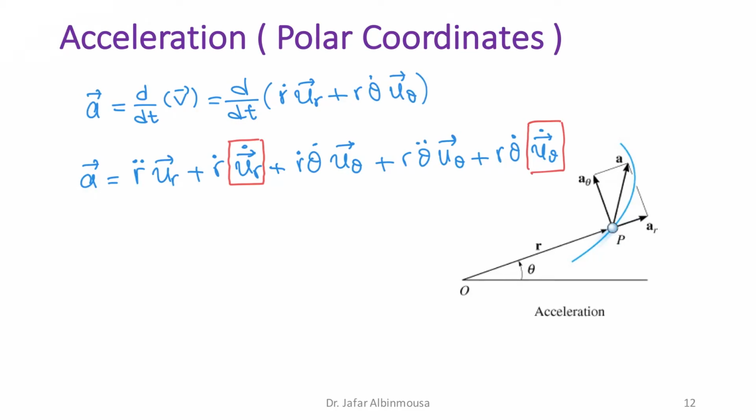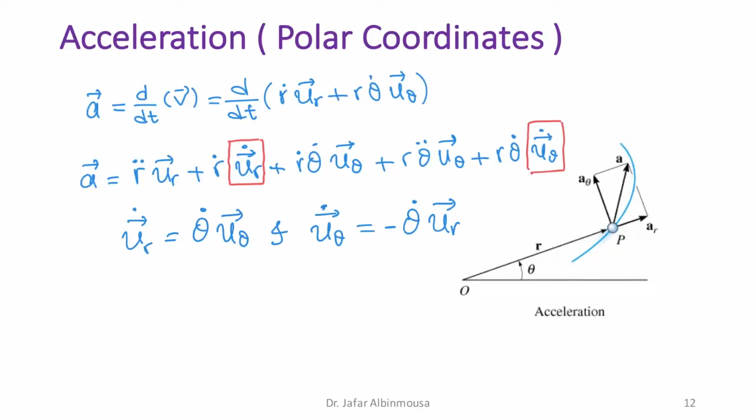I'm not going to go through the derivation, but I'll let you know that ur dot is equal to theta dot u theta, and u theta dot is equal to minus theta dot ur.